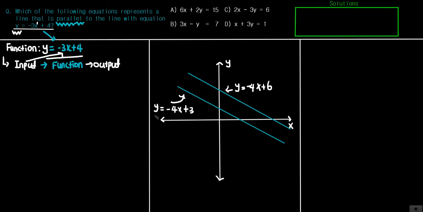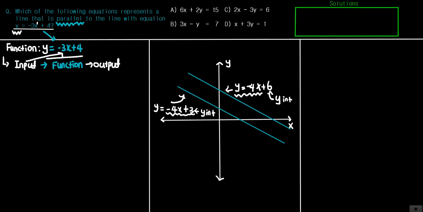If you analyze these functions, based on our function property, parallel lines should always have the same slope but a different y-intercept. In this case, this function has 6 as its y-intercept, this one has 3 as its y-intercept, but they have the same slope.